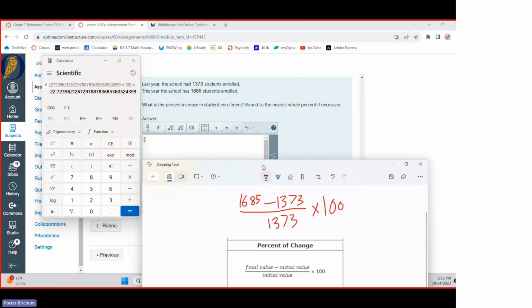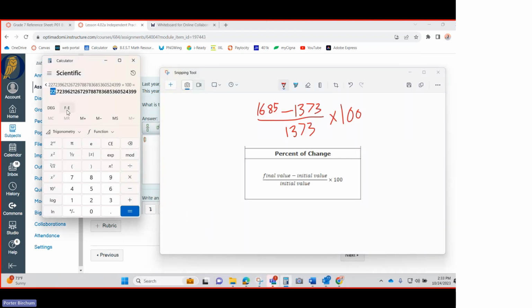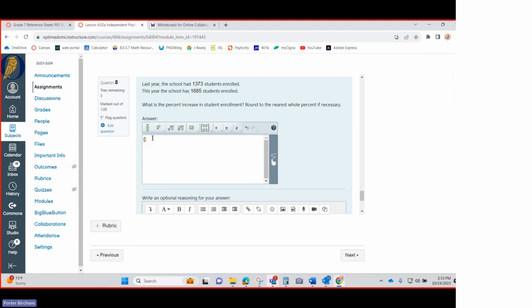What do I round to? The nearest whole percent. So I need to look at the tenths place. Does 7 round up? Is 7 closer to 10 or closer to 0? 7's closer to 10, so it rounds up, making this 23%. Don't forget that percent sign.